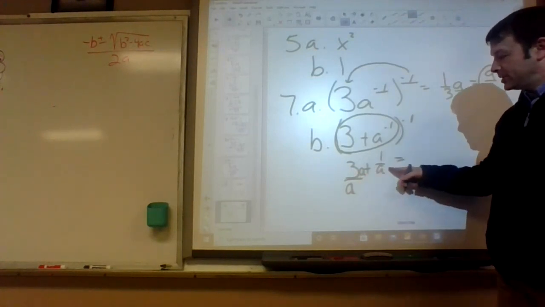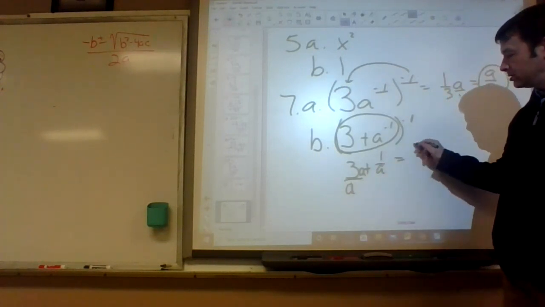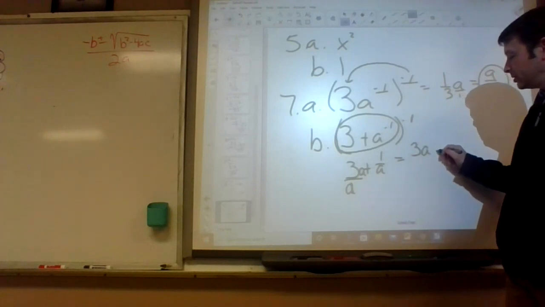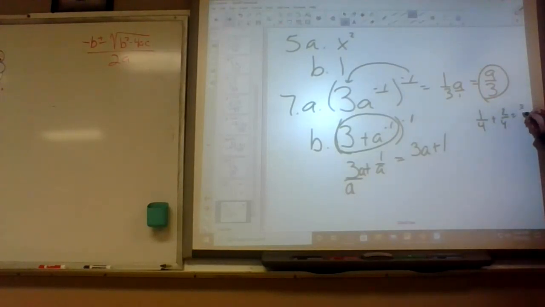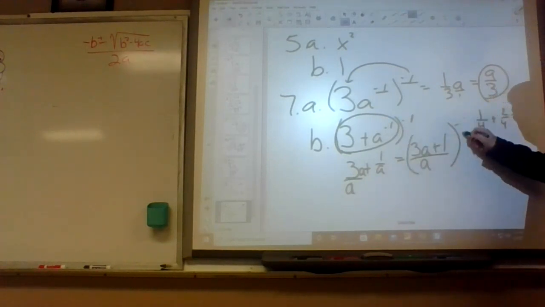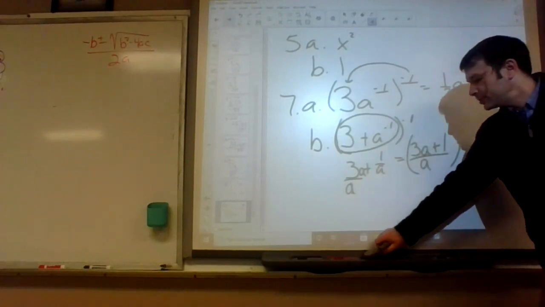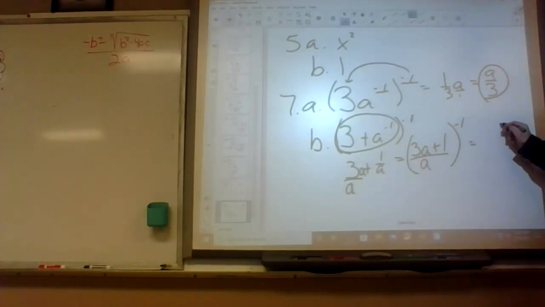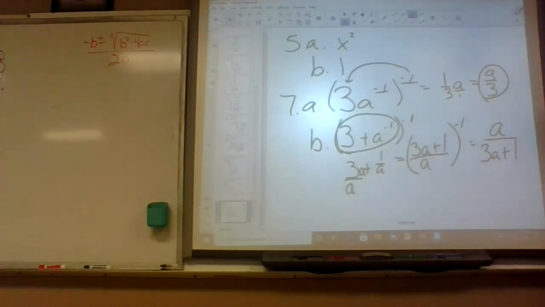What's that equal when we add them together? 3a plus 1 over a. Remember when you're adding fractions, what do we do with the denominator? If we have like 1/4 plus 2/4, it's 3/4. So it's just a. But all of this is to the negative 1, and what does the negative 1 mean? Reciprocal. Flipped.